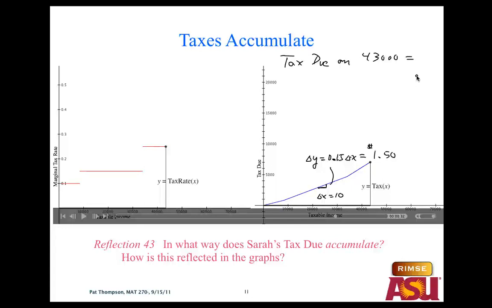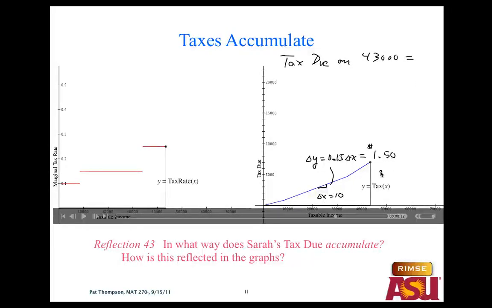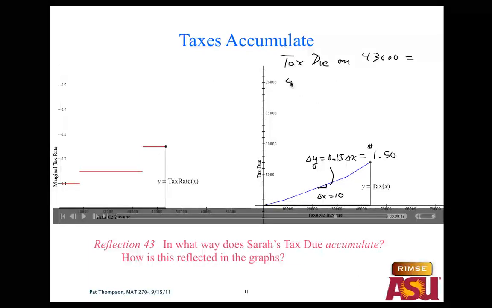Is it 0.15 times 43,000, or x minus 43,000? Okay, but in terms of how things accumulate, they accumulate bit by bit by bit. So the first $10 that you make, how much tax do you owe? The very first $10? Just $1.